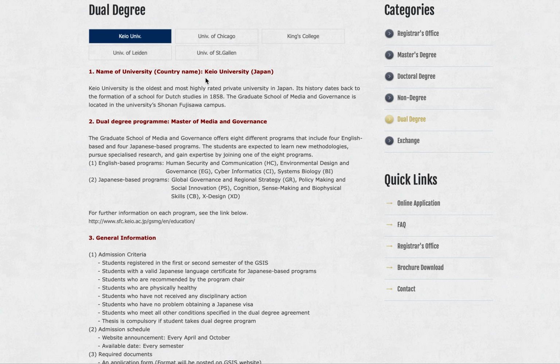only allows us to exchange to the Graduate School of Media and Governance in Keio University. This school is located on Japan's Shonan Fujisawa campus. I suggest you search for the location of this campus. It's located in the outskirts of Tokyo.